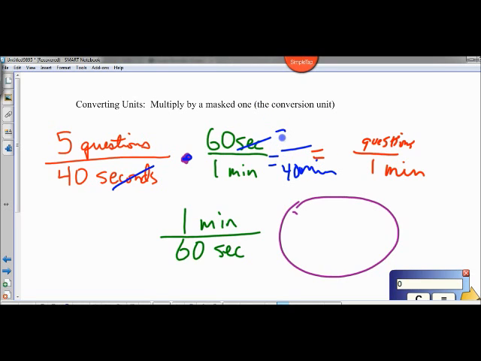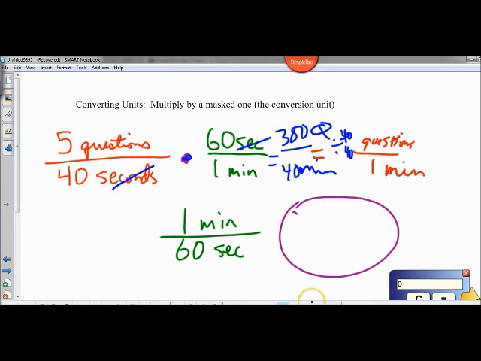And the top is 300 questions. And then I would take this rate here, 300 questions in 40 minutes, and divide the top and bottom by 40 to find the unit rate.